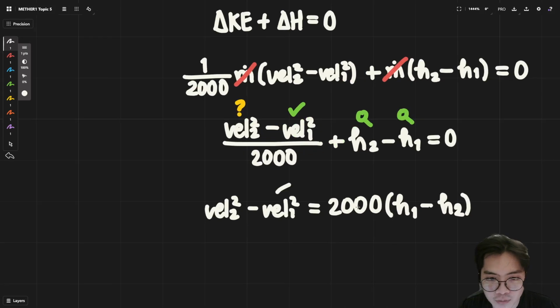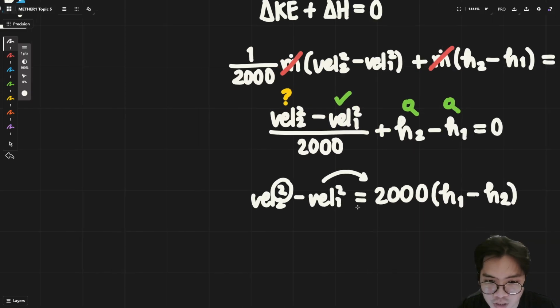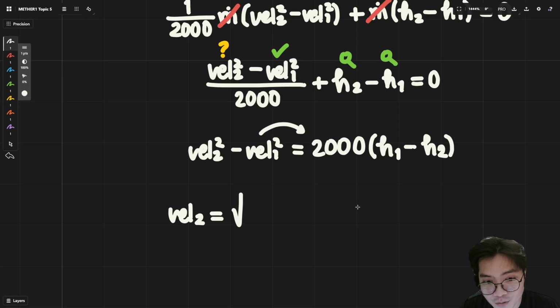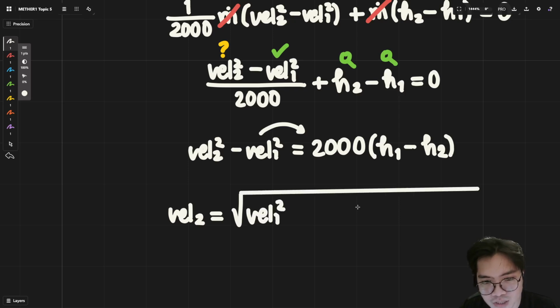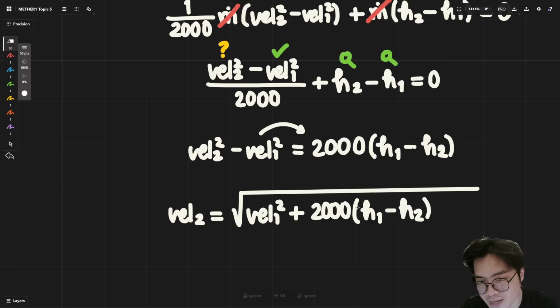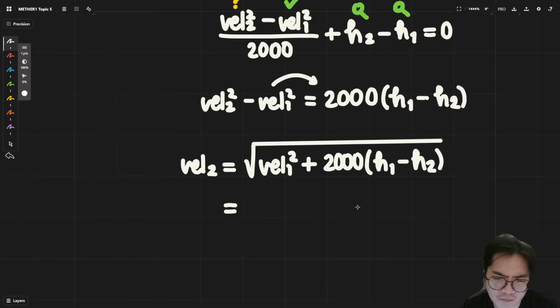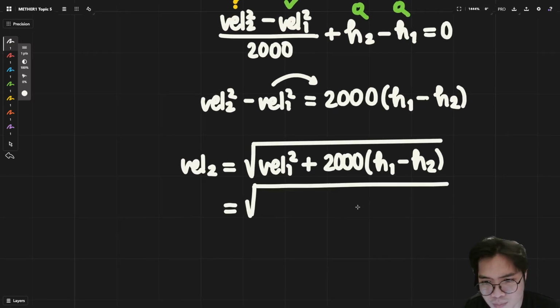And then because this is squared, I will square root. This is very important because, if you want to memorize this, go ahead: V2 equals the square root of V1 squared plus 2000 times h1 minus h2. This is already a good formula, if you want, of course, to memorize what we're supposed to do.